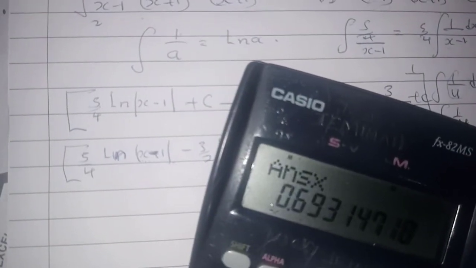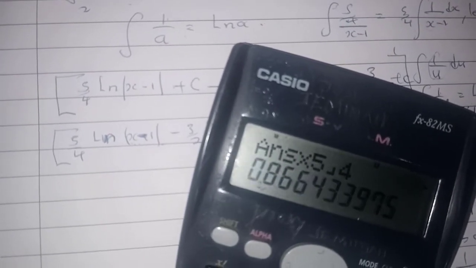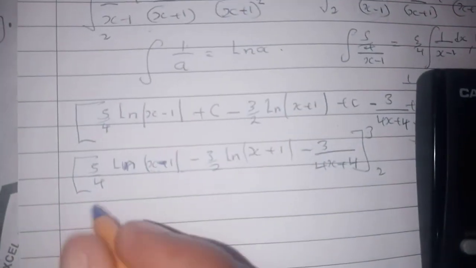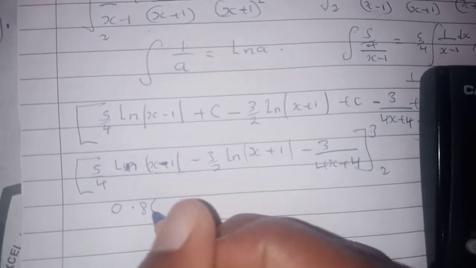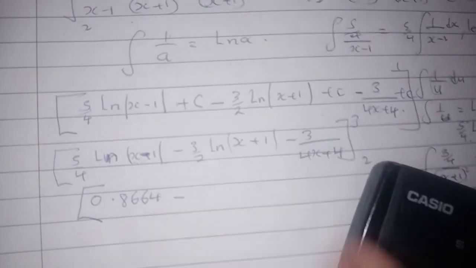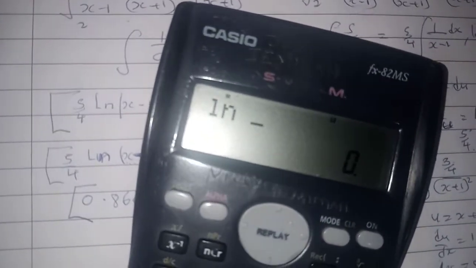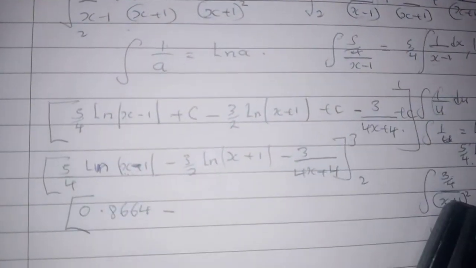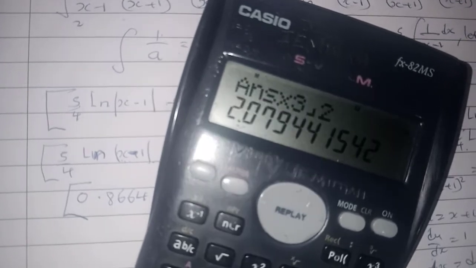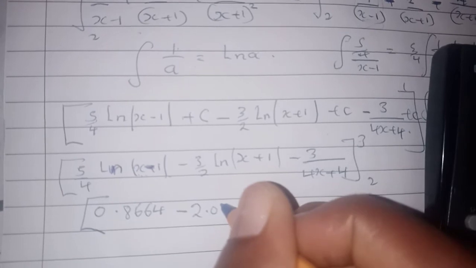When you multiply by 5 over 4, you get 0.8664. So this is just 0.8664 minus natural log, so 3 plus 1 is 4. Just key in natural log of 4, which is 1.3. Then multiply by 3 over 2, which is 2.079.